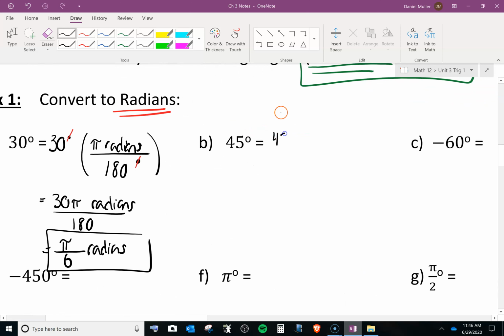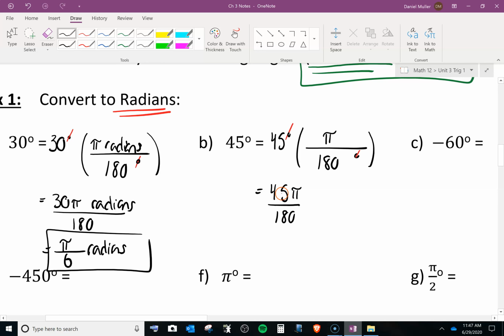We're at 45 degrees. Let's write it down, 45 degrees. You want to get rid of degrees, so throw them on the bottom. That way the degree symbols will cancel. With the degrees goes 180. And up here goes pi radians. I'm not going to write radians. No one ever really writes that. So we're just going to leave it as pi. On the top I get 45 times pi, which is 45 pi over 180.